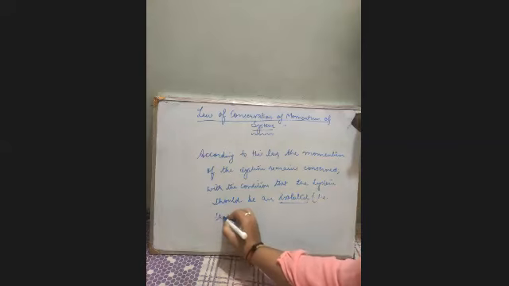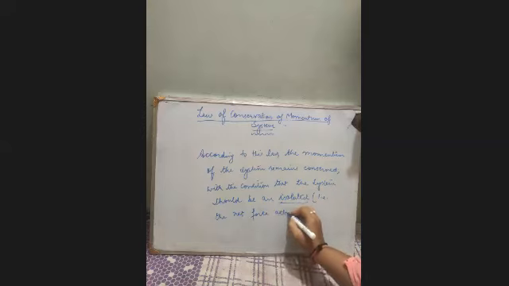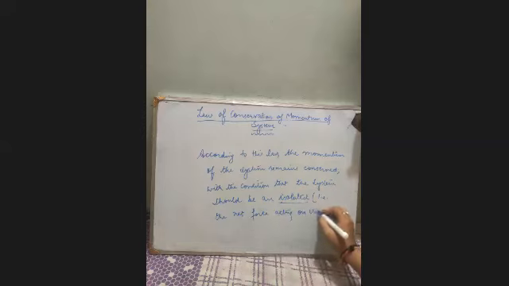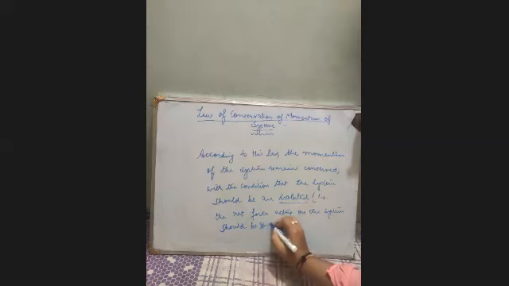Isolated means that the net force acting on the system should be 0. So our law of conservation of momentum says that whenever there is a system that we are going to study, it has some certain momentum, like it has some certain mass, it is moving with a certain velocity.